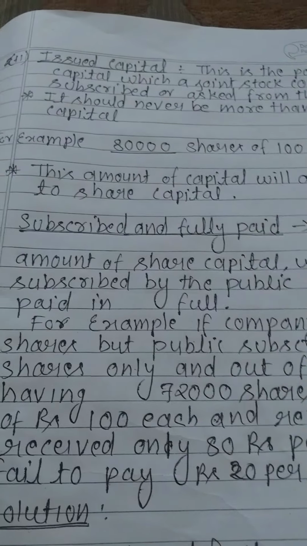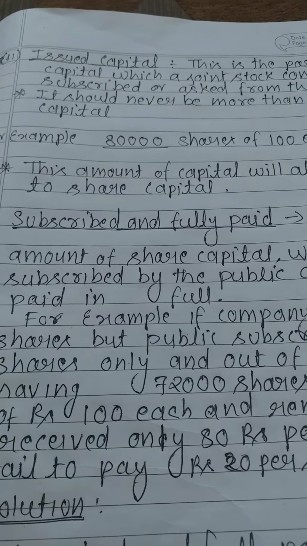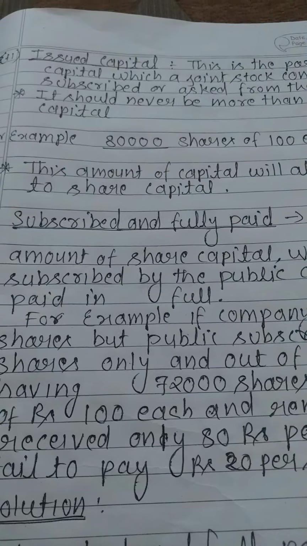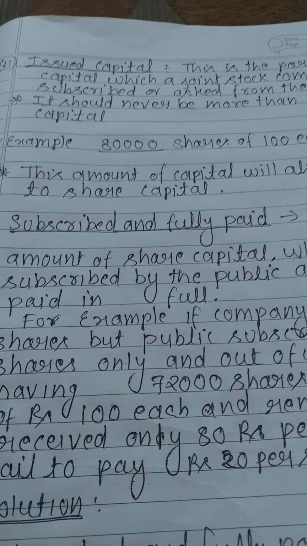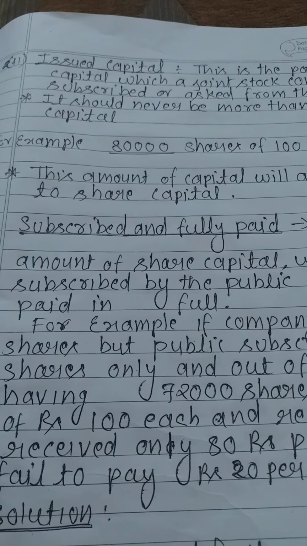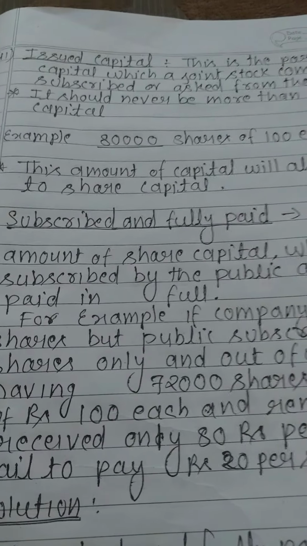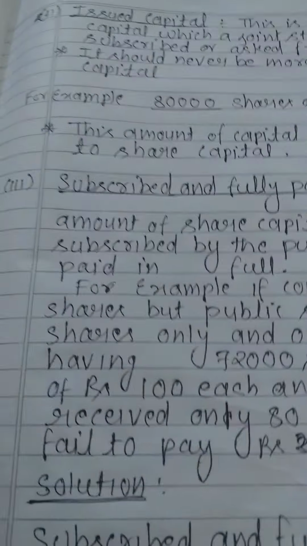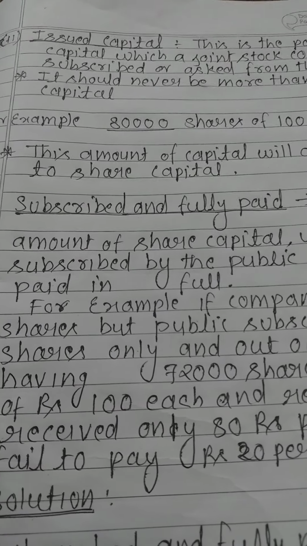Means this is the actual capital which the company is getting from the public, or you can say the public applied for. This is the part of the capital which is actually subscribed by the public and the amount paid in full.